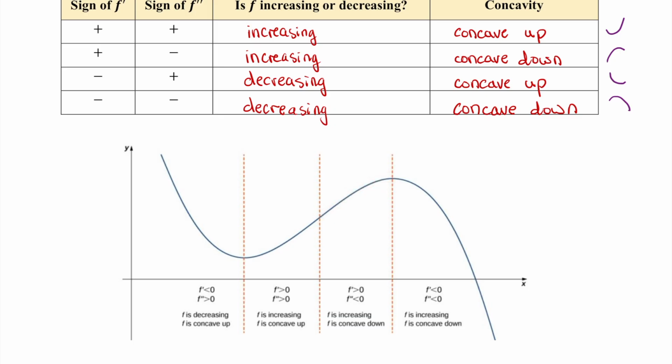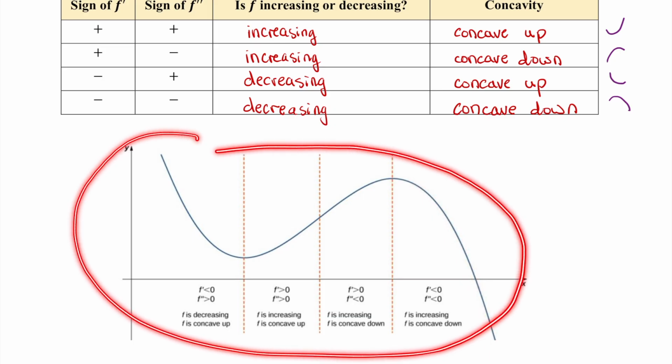The fourth region, the function is decreasing and opens downward. So f prime is negative and f double prime is also negative. So this graph shows how the first derivative controls direction and the second derivative controls shape.